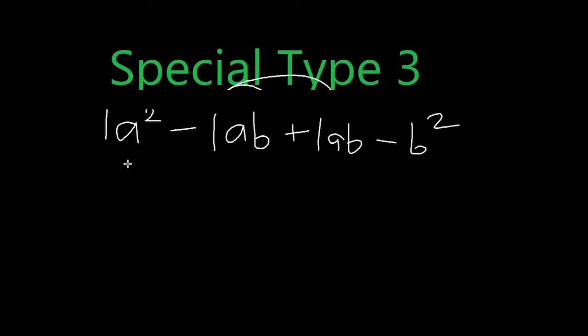So we've got our plus 1 a squared. Is there any other a squared? No, so that's going to stay the same: a squared. Now here we go. We've got a minus 1ab and a plus 1ab. These are both ab's, so we can add and subtract them.